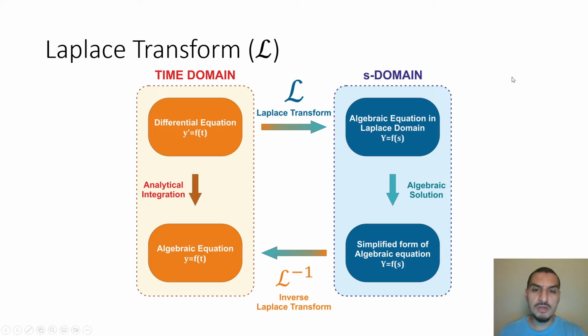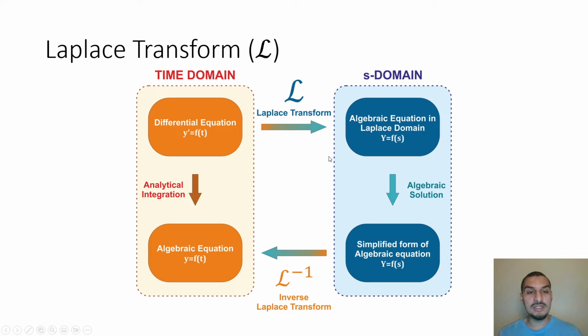We do this transformation. We will understand how we do it later, but let's say there is a method that we can use to transform the equation from the time domain into the s domain, so the equation is in a simpler form. If it's a differential equation, it will end up here as an algebraic equation.